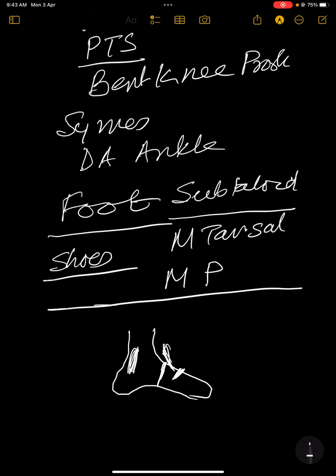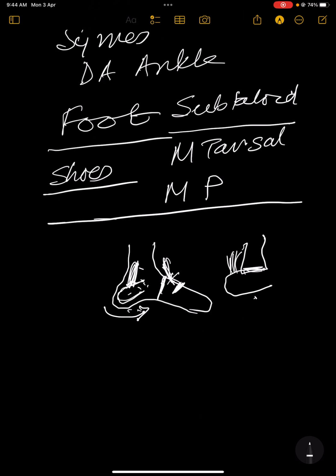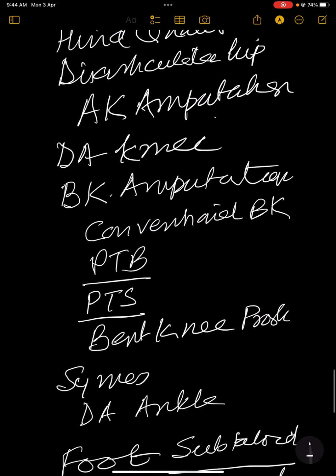So if you do amputation here, only plantar flexors will remain. Therefore, this calcaneal stump can be turned and put into the tibia, or can be straight away fused with the tibia. So these are the two types of amputations where the dorsiflexors are lost. Okay, because then you have to manage the plantar flexors. So these are the various types of amputation that you do.